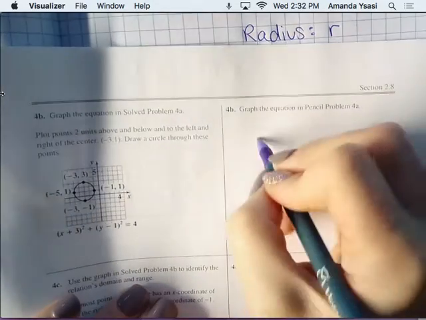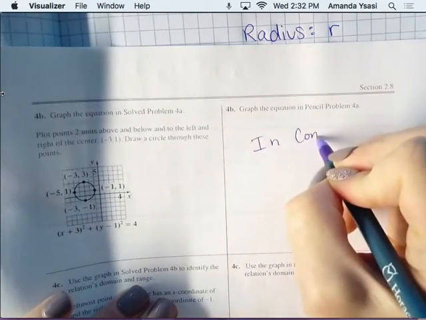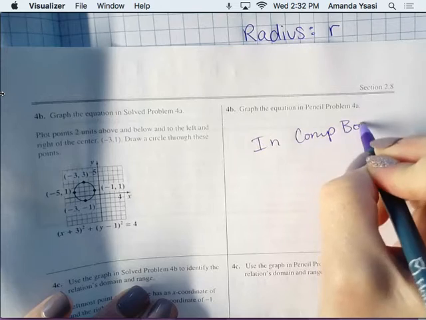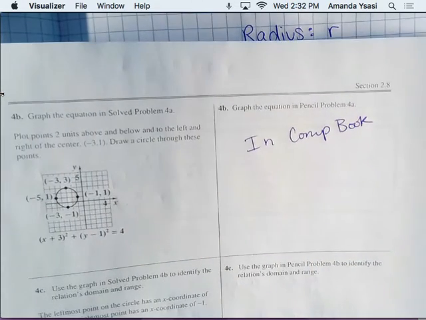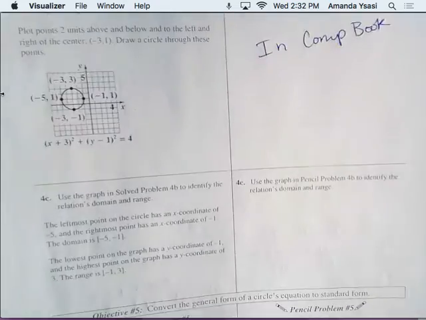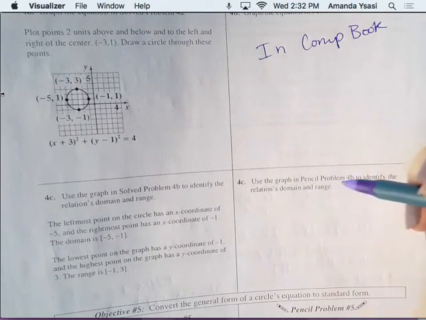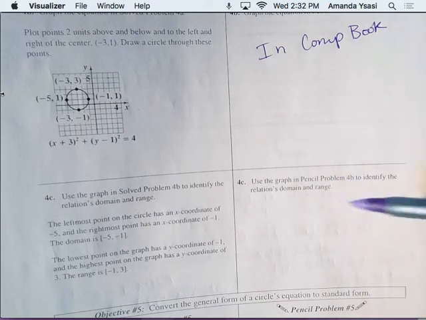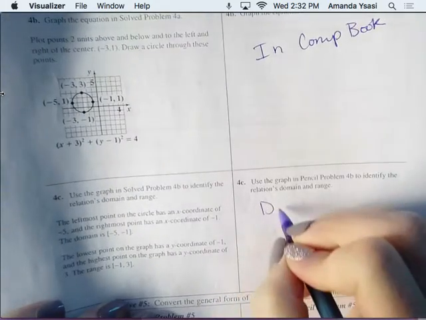Okay, so I'm going to write in here in the textbook. Okay, 4C, use the graph in the problem to identify the relation's domain and range.